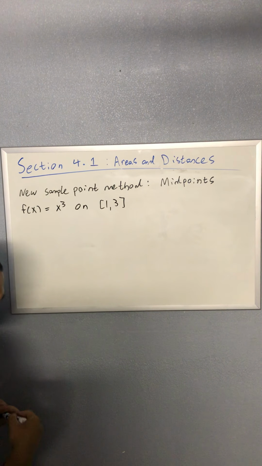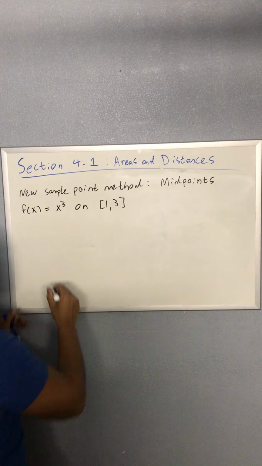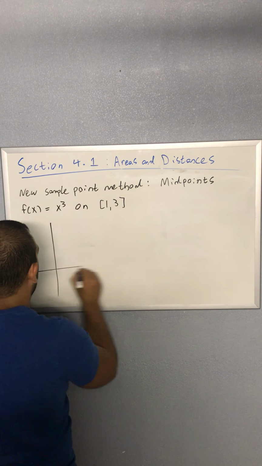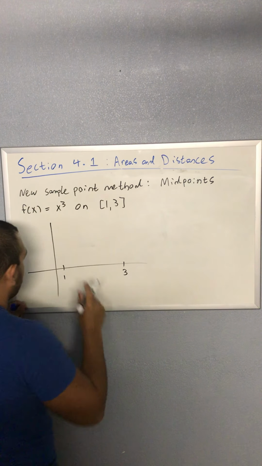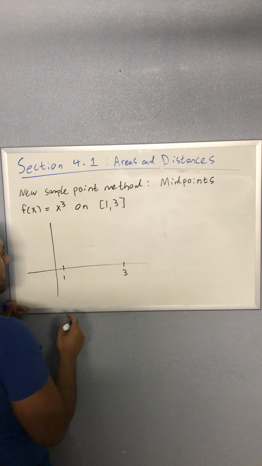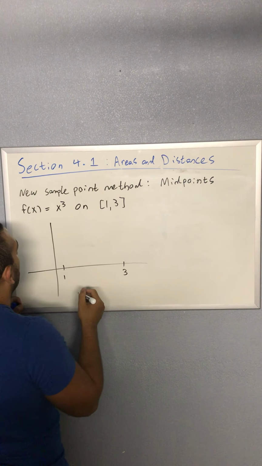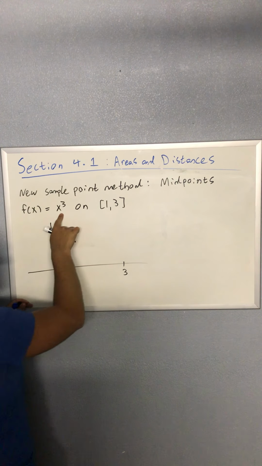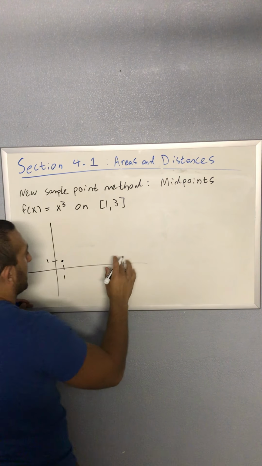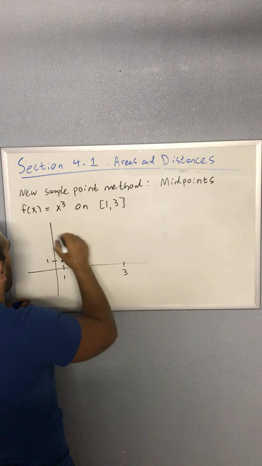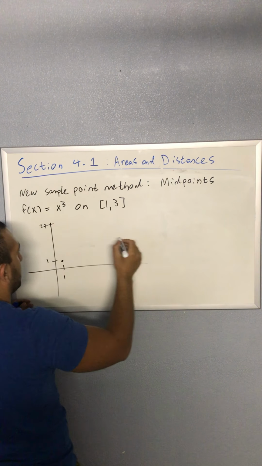Okay, so let's graph this real quick. Here's 1, and here's 3. If you stick 1 into the function, you get 1. So at 1 we're down at 1, and at 3 we're all the way at 27.